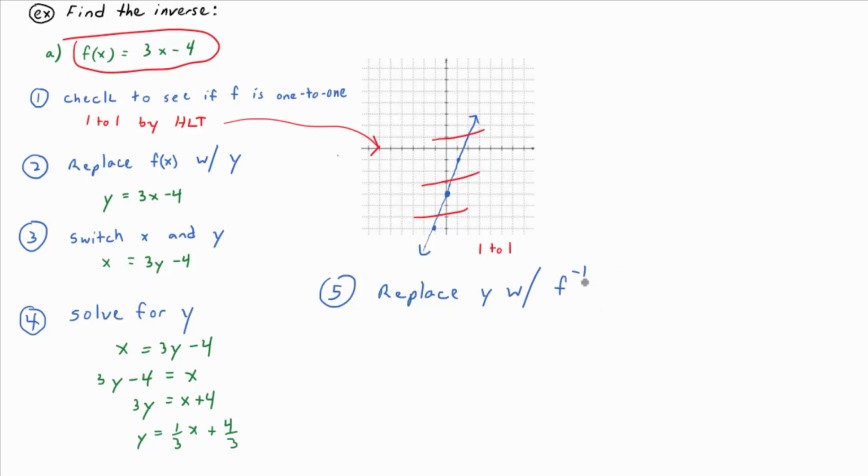So replace y with f inverse of x, and that's just function notation. The name of the function is f inverse. That's the f superscript -1. The parentheses x is the usual of x notation for functions. When you see this, you just say it as f inverse of x.